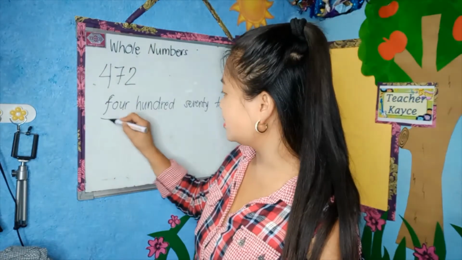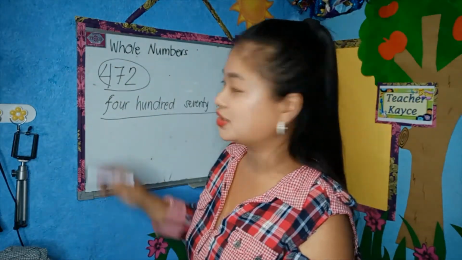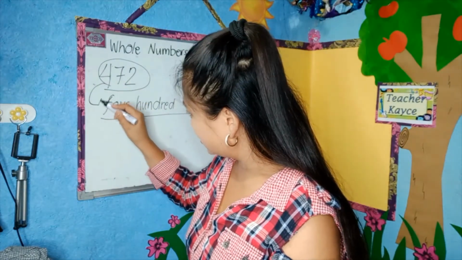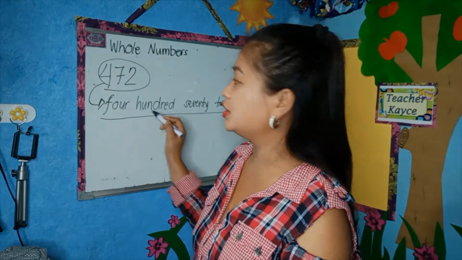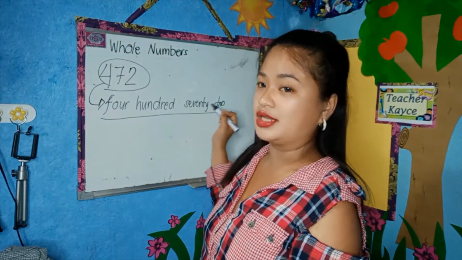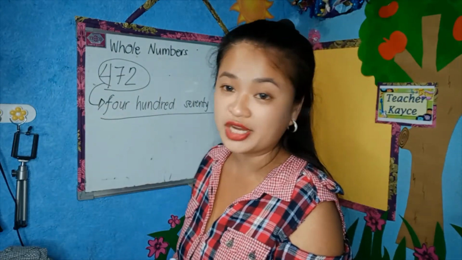So this is considered your whole number. And if we are going to write it, 400 gets its place value, 70, and then 2. 472.